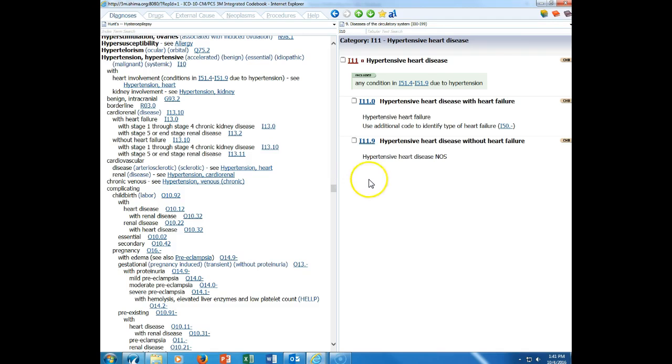So if you coded hypertensive heart disease with heart failure, I11.0, and then you added the code for congestive heart failure of I50.9, I gave you credit for that. So if you coded I50.9 and I10, you received credit for that. If you coded I11.0 and I50.9, you received credit for that.